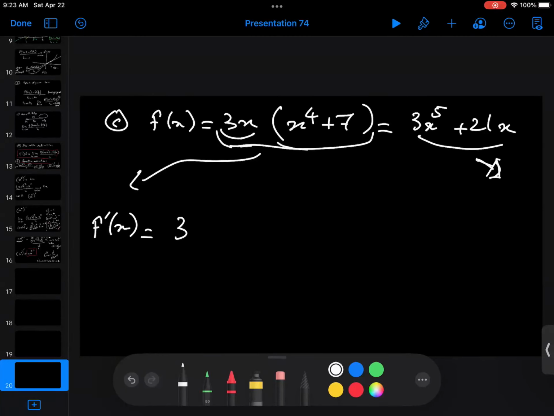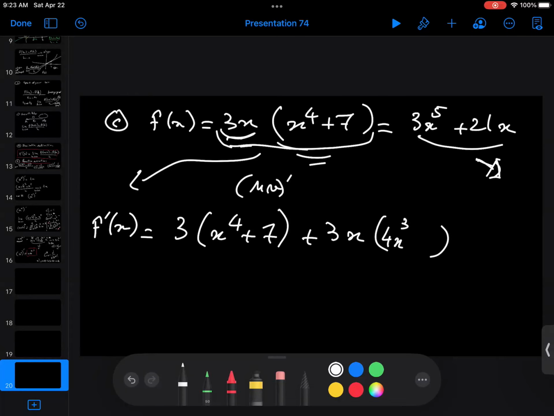Then I multiply it by this function, plus, now I take this function and I multiply it by the derivative of the other function, which is 4x to the third, and that's it. In fact, the derivative of a product (uv)' is u prime v plus u v prime. So I just applied this formula. Now it's just computations.